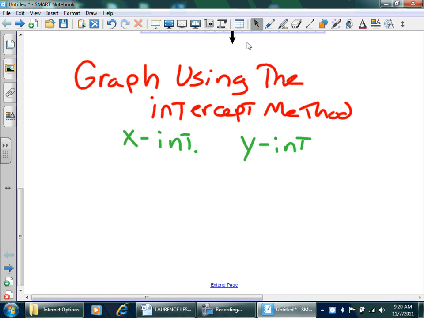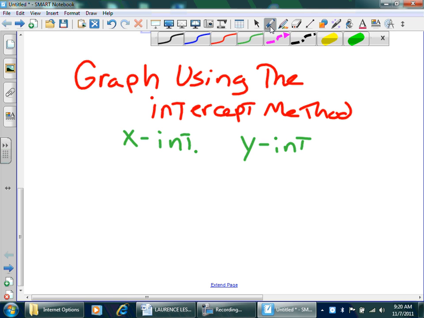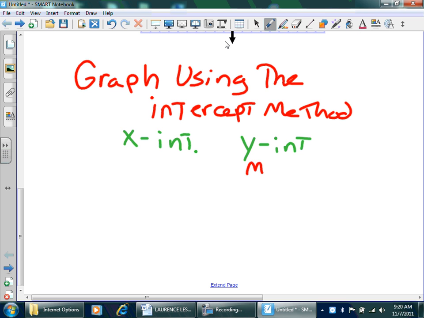If you remember in class today, we talked about what is true about a y-intercept. A y-intercept must have an x-coordinate of 0.